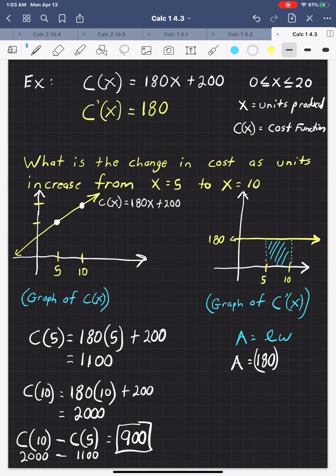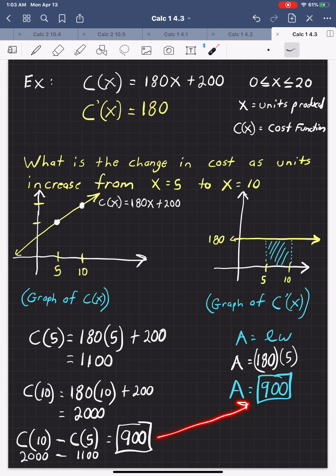And the width of this rectangle? Well, the width is 10 minus 5, which is just 5. And if you happen to have your calculator readily available, what is 180 multiplied by 5? 900.